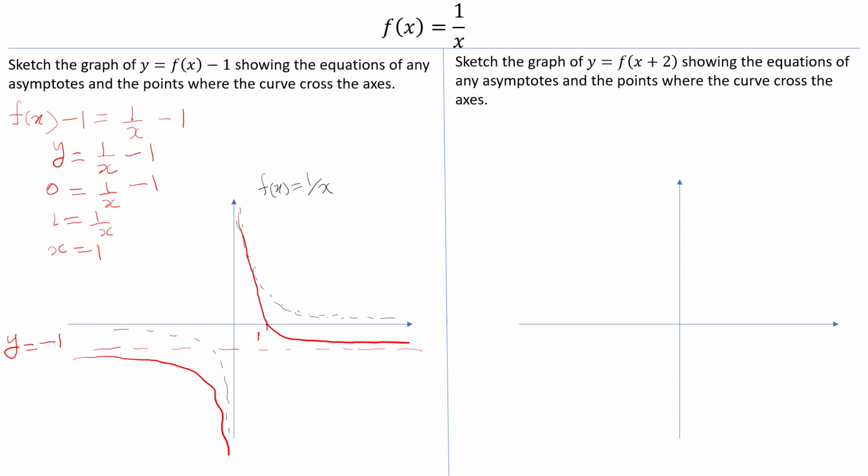So this graph is y equals f(x) minus 1. The graph cuts the x-axis at x equal 1, that is 1, 0.